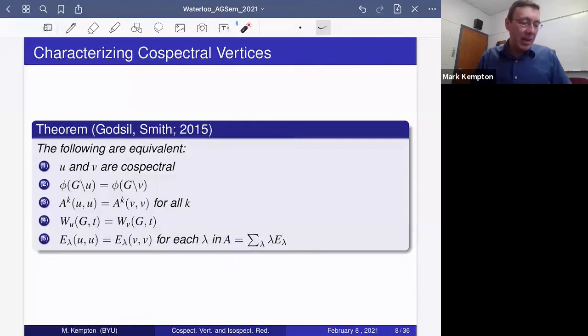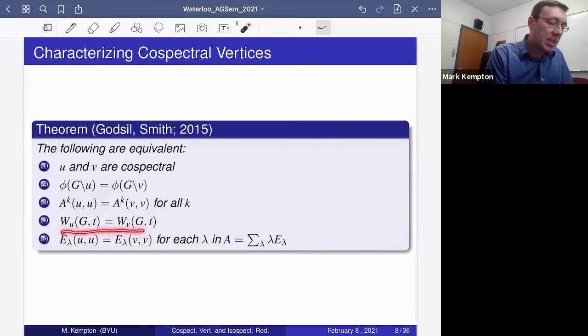So here I've included a theorem that contains a list of statements that are equivalent to U and V being cospectral. So G minus U and G minus V have the same characteristic polynomial. That was basically the definition. You can characterize this in terms of walk counts. This is maybe the most interesting from the combinatorial perspective, that 2 vertices are cospectral if and only if the counts of closed walks at vertex U and at vertex V are the same for all k.